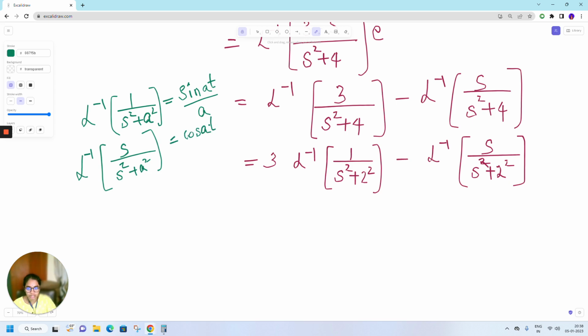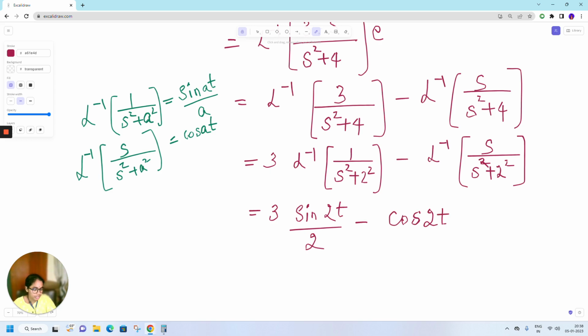Let me substitute these formulas now. We would have here 3 into sine 2t divided by 2 minus cos 2 into t.